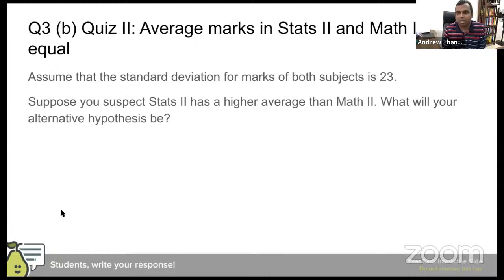Once again, remember the setting. I'm going to go and do a survey and verify these things. So assuming I don't have access to all the marks, I'm going to do a small survey, like we did just a little while ago. So what will your alternative hypothesis be?